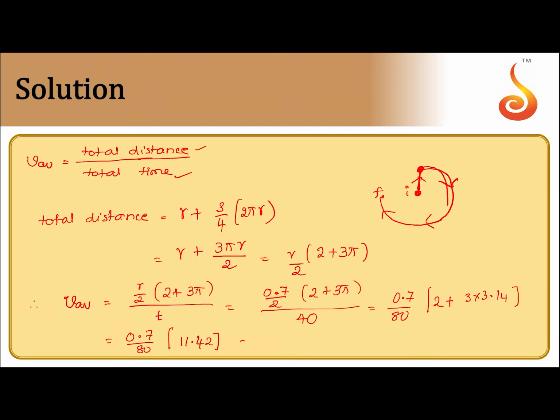If we simplify it further, 11.42 into 0.7, how much is that? 10.82. So 10.82 divided by 80, that gives us 0.135 kilometer per minute. This is the average speed of the student.